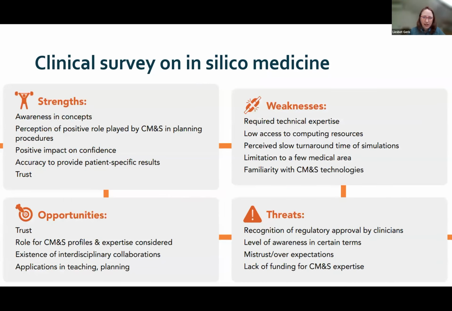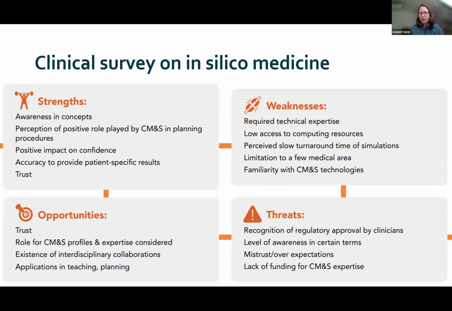From this, we did an analysis and a SWOT analysis, and you see the word trust coming back in multiple different areas, because this is really what it centers around. There is already trust that this will be able to have a positive impact, and they see it as an opportunity to add additional trust in the decisions that are made.